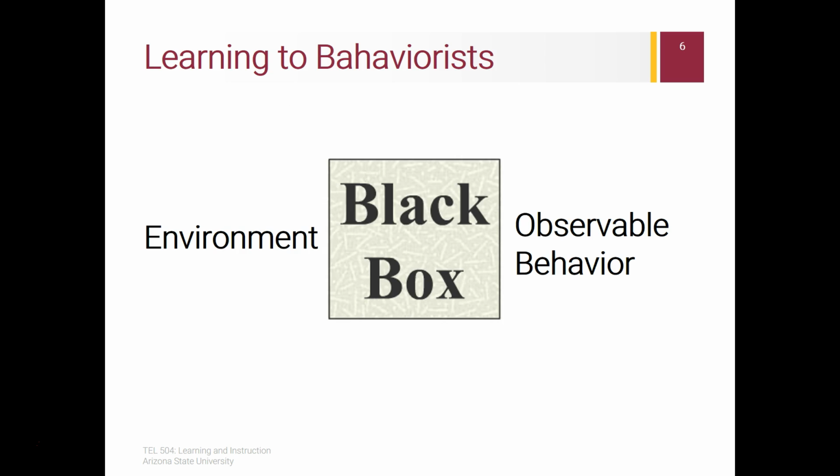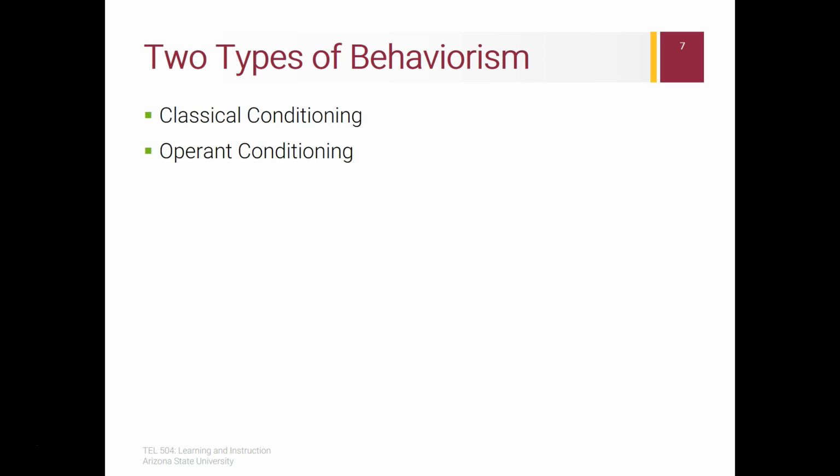So this is learning to behaviorists. They thought the environment was out there. What happened in the environment went into that black box, and out came observable behavior. Now, as I mentioned earlier, there are two types of behaviorism, classical conditioning and operant conditioning. In this PowerPoint, we're going to address classical conditioning.